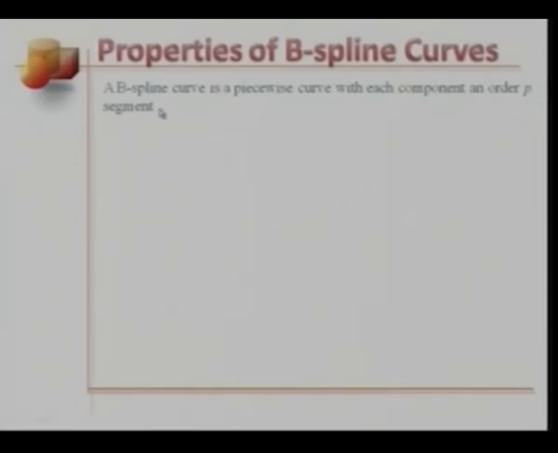This is expected because each of the B-spline basis functions by itself is a piecewise curve. Each piece is an order p segment. The equality m equals n plus p must be satisfied. In a sense, the number of knots has to depend on the number of design points as well as the order of the B-spline curve.